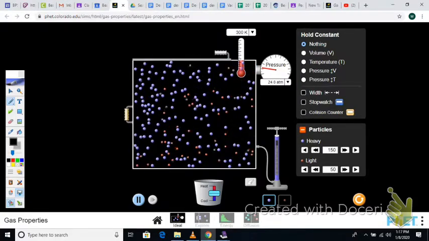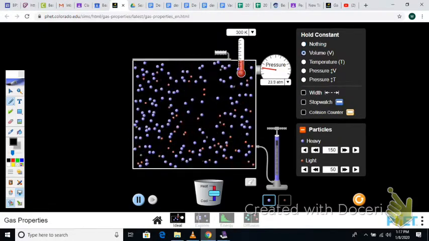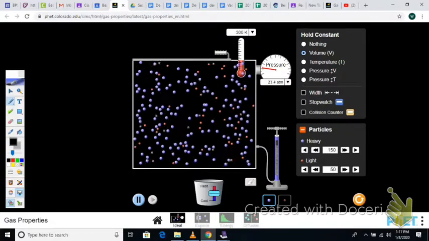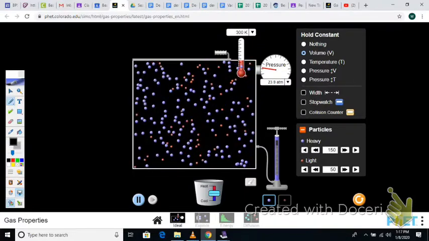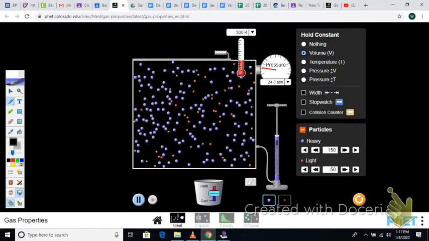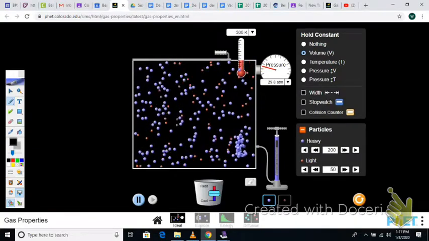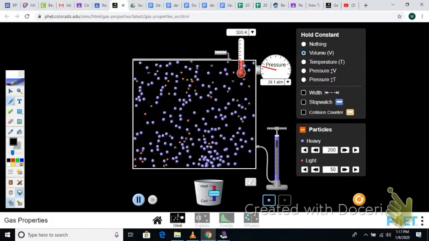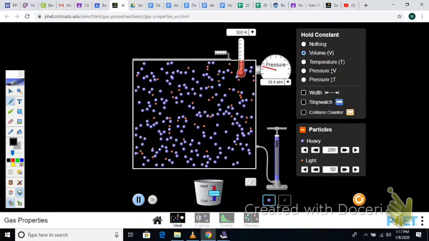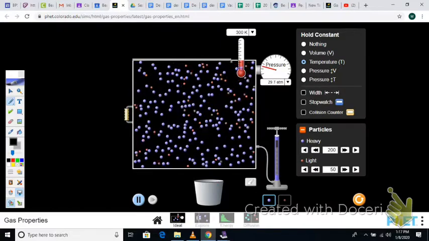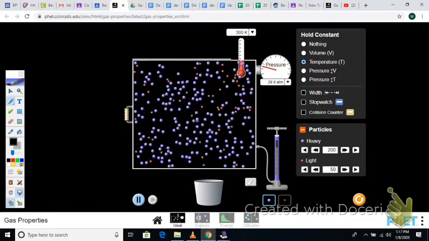What you'll do tomorrow is you'll keep the volume constant, which means this cannot get any bigger or smaller. So if I add more molecules, what happens to the pressure? What happened to it? Increase. Yep. And let's say I want to keep the temperature constant. If I add more molecules, what happens to the volume?